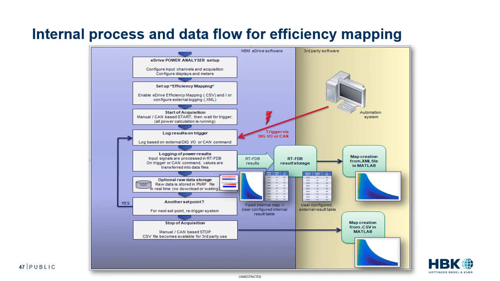And then you set up the start of acquisition. Essentially, it will wait for a trigger, and that trigger can come from your automation system either via a digital I/O input, or it can be from a CAN input, or it can be from .NET or COM, from another third-party software that you may be using.